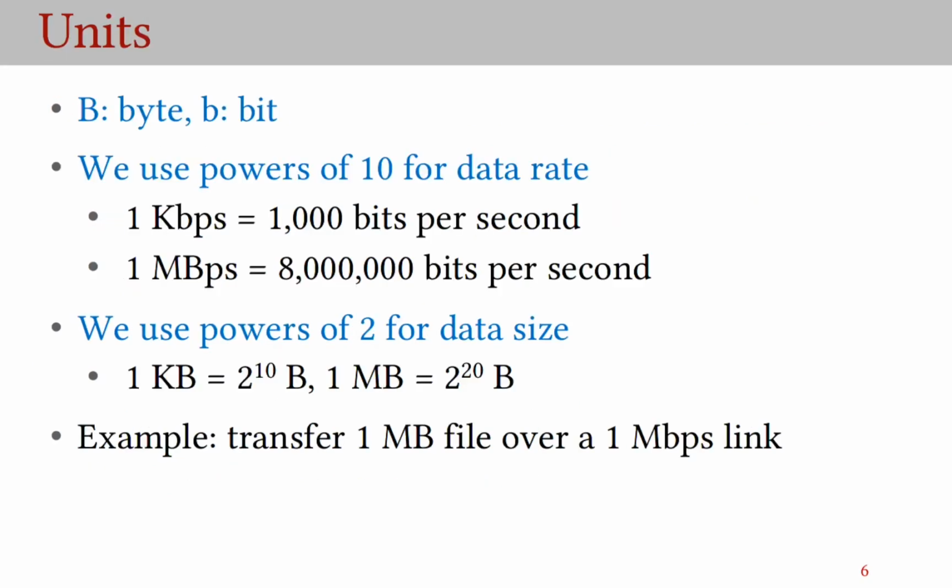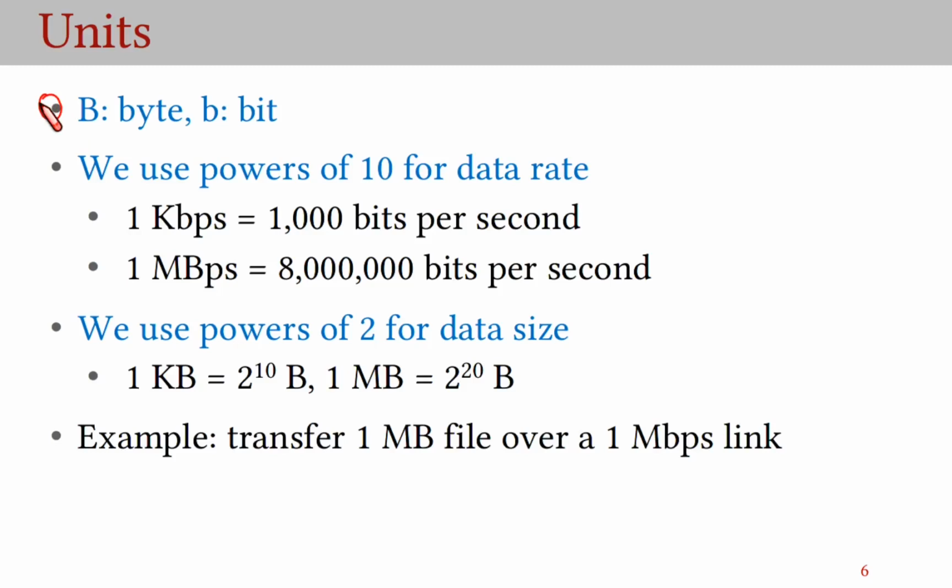Before continuing our discussion of performance in computer networks, let us briefly get familiarized with the convention of units that is used in computer networks. First off, we are going to use capital B to indicate byte and a small b to indicate bit.